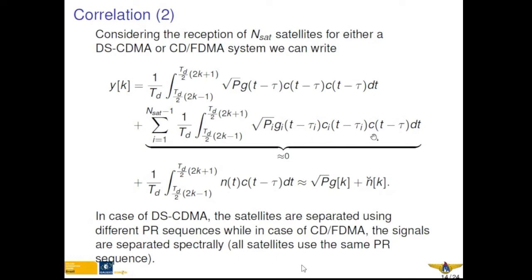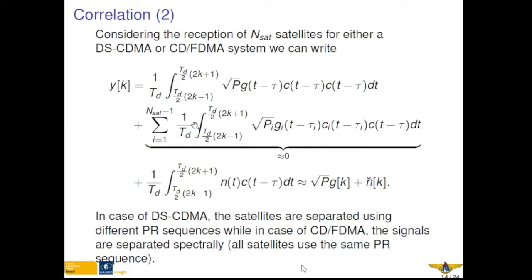We correlate also with C, and the PR sequences are designed such that this cross correlation is very, very small. This is the intra-system multiple access interference. However, we will assume for the time being that this is close to 0. In reality, it's not, but it's very, very small due to the design of the PR sequence.